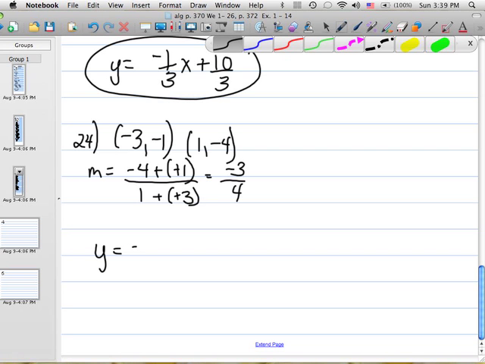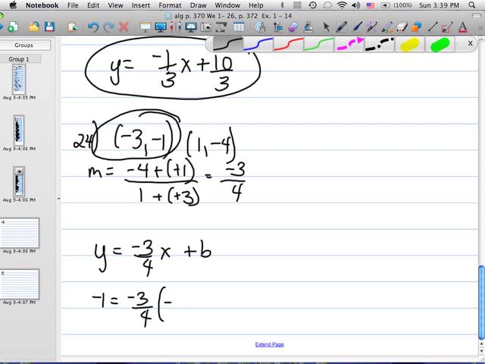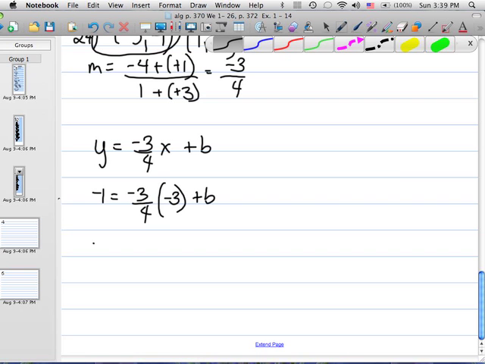So our equation is y equals negative 3/4 x plus b. I'm going to use this one. So negative 1 equals negative 3/4 times negative 3 plus b. So negative 1 equals 9/4 plus b.